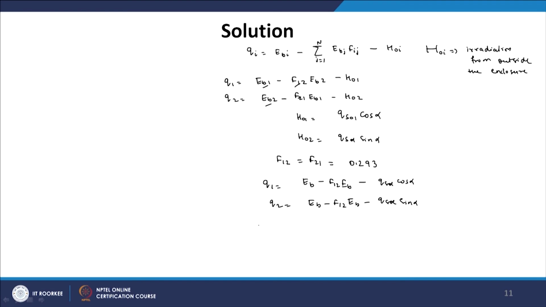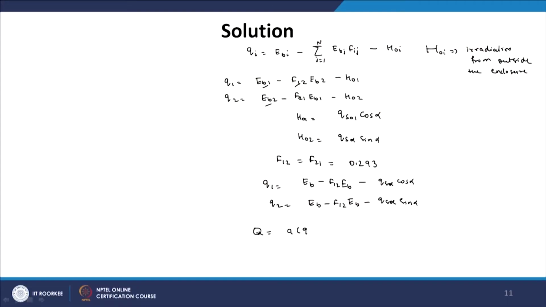Now, the total irradiation or total radiation exchange from the groove is equal to A times Q1 plus Q2. So, this will be equal to 2 times A Eb, 1 minus F12, minus Q solar, cos alpha plus sin alpha.